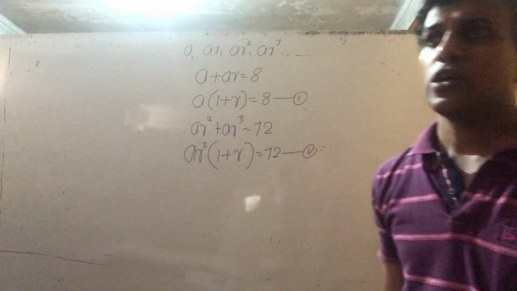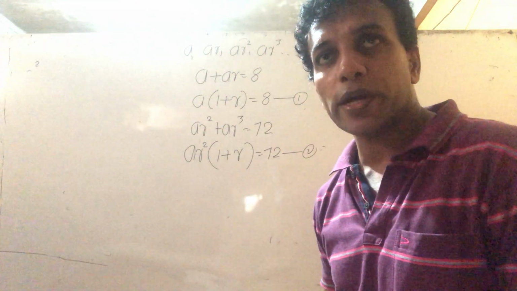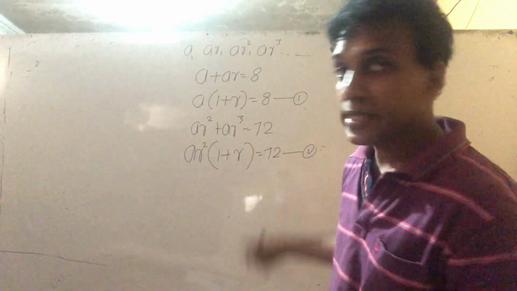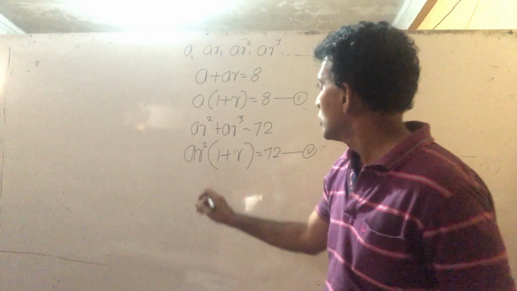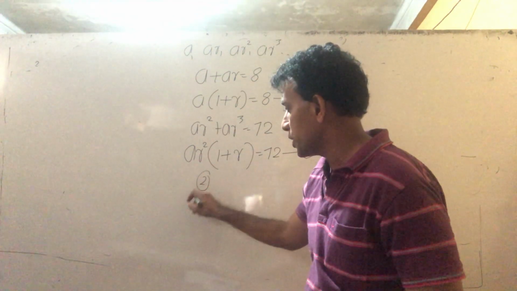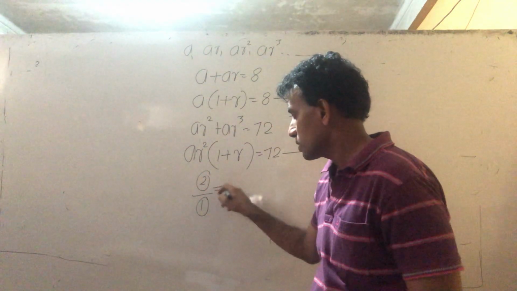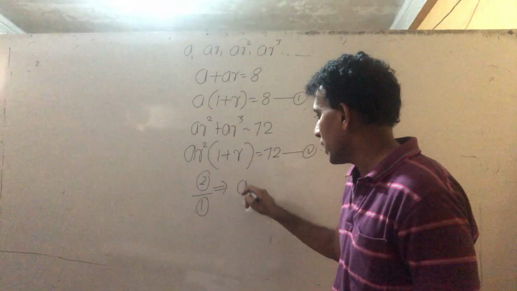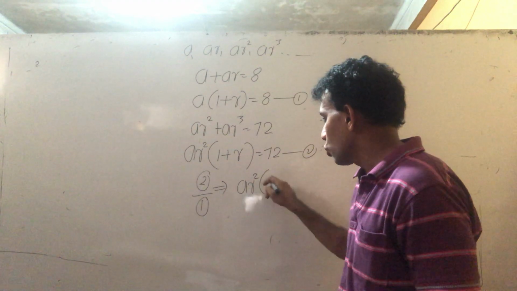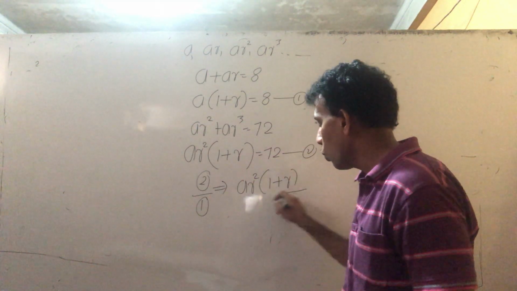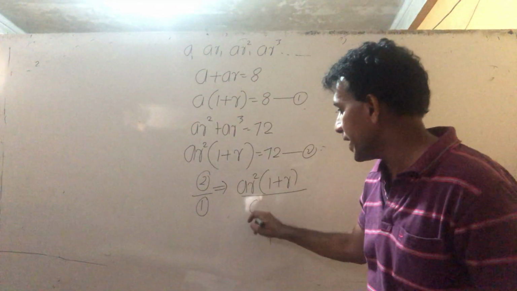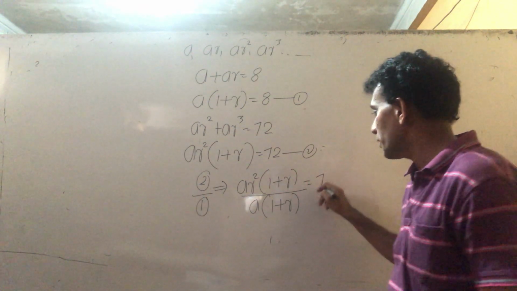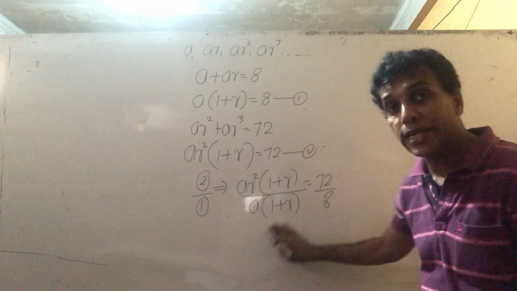Now solve. When you solve, what happens? A cancels. You can find the r value, right? So take the second equation and divide by the first. Second one is ar squared (1 + r) over first one a(1 + r), and the other side 72 divided by 8.